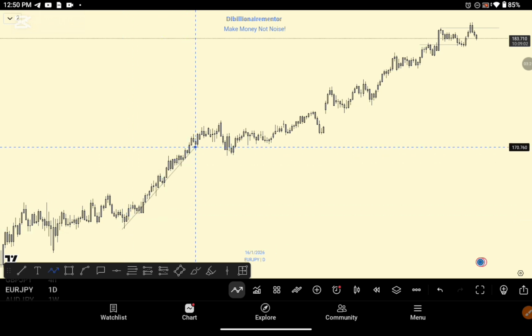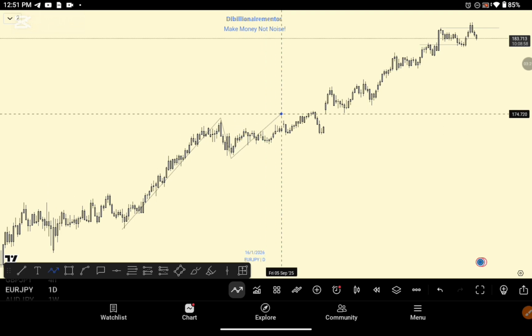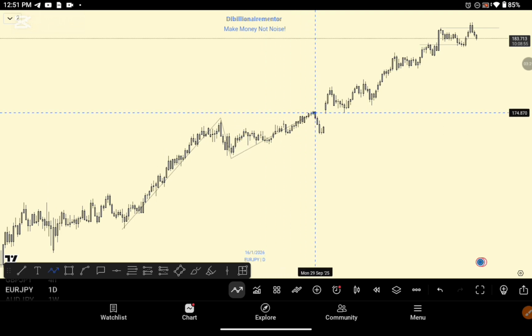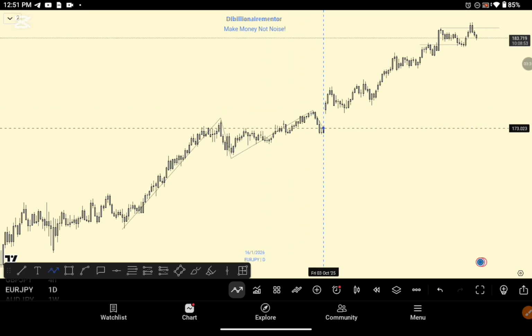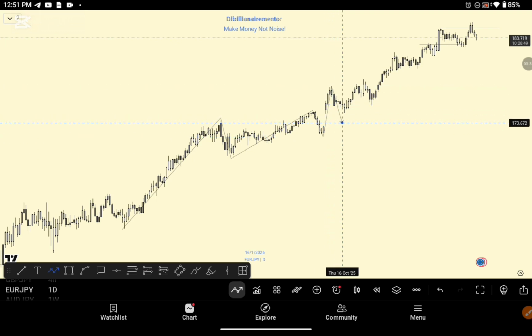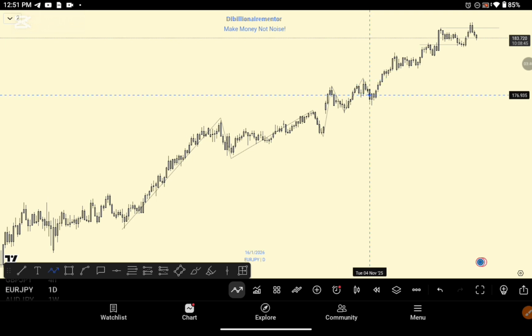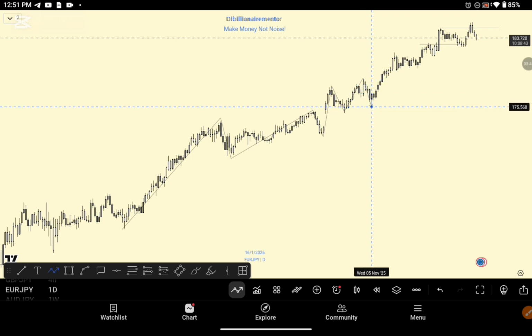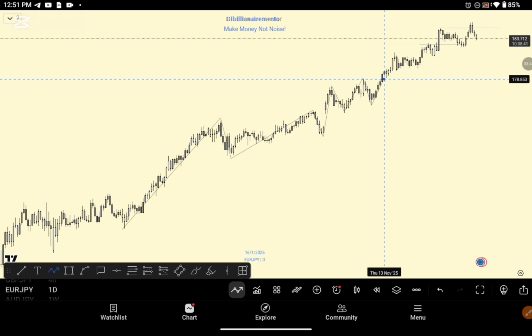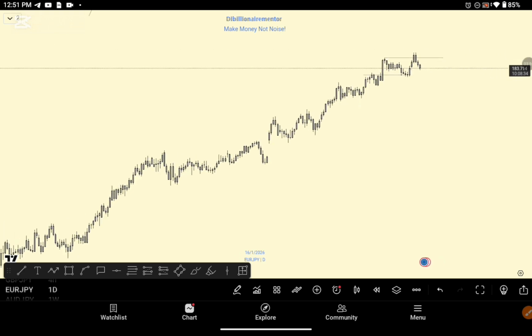These are higher high, higher low, higher high, higher low, higher high, and higher low, higher high, and higher low. This is just like a recap, so this shouldn't be an issue. You understand? So this is an uptrend.